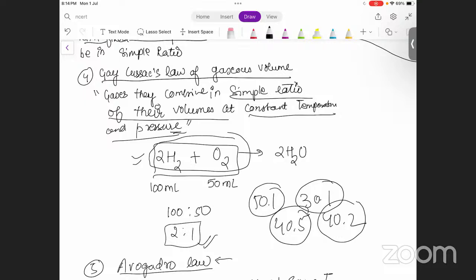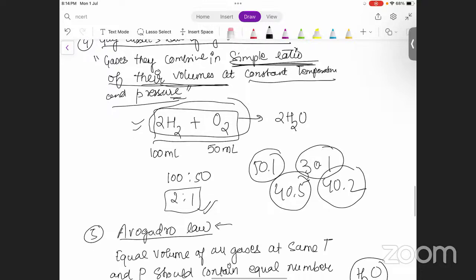So they might have performed many experiments with different gases, and what they came up with is that when I am doing the reaction of two gases, they always react in a simple ratio. The ratio of their volumes will be a simple ratio, right? I hope you have understood this.